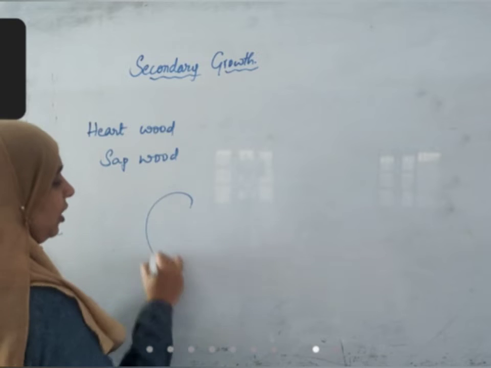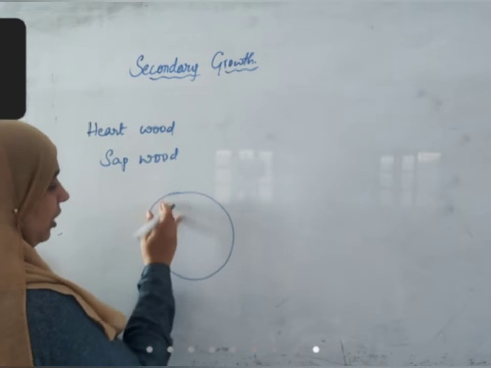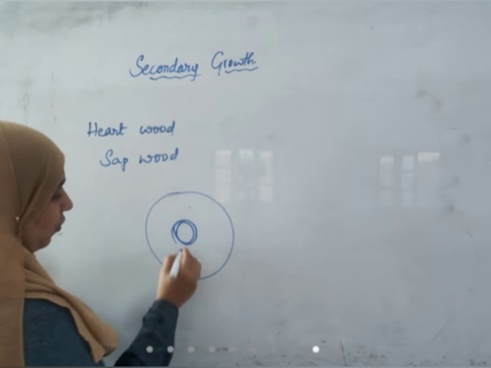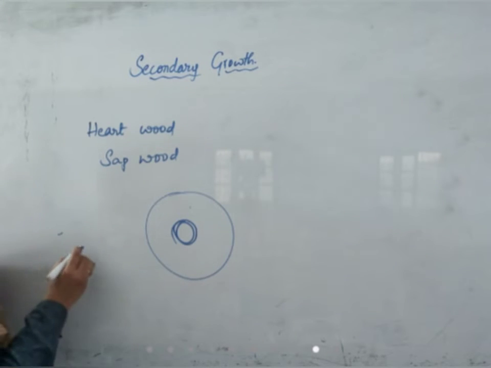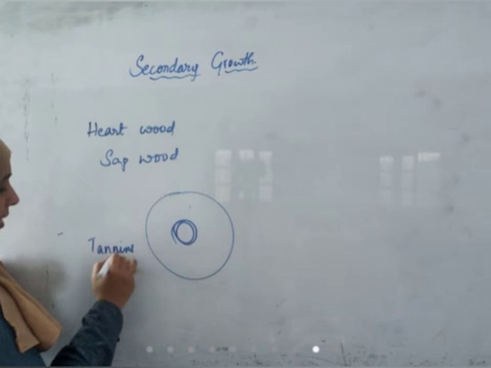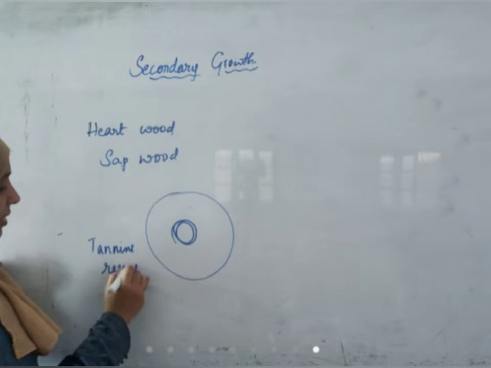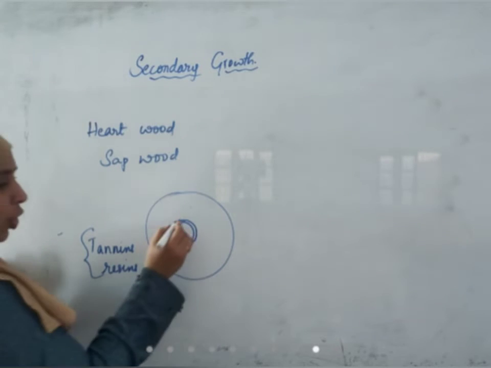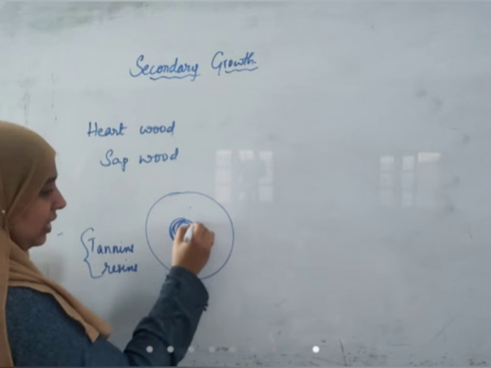The secondary growth which occurs in the early years of life will deposit a lot of tannins, resins, etc. These are chemical substances that are secreted by plants. All that will be deposited in the inner layers.